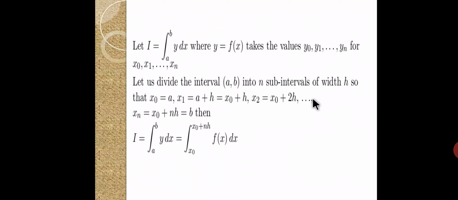And if we know the h value, then we can find the number of subintervals. The formula for the interval difference is h is equal to b minus a by n.